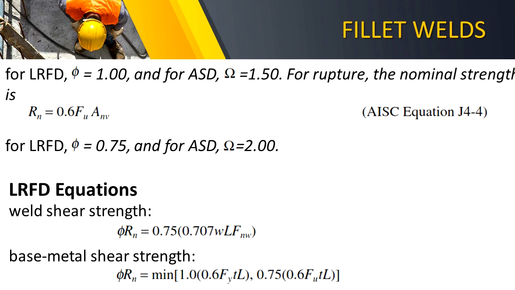For LRFD equations, weld shear strength is phi Rn equals 0.75 times the quantity 0.707 WL FNW.